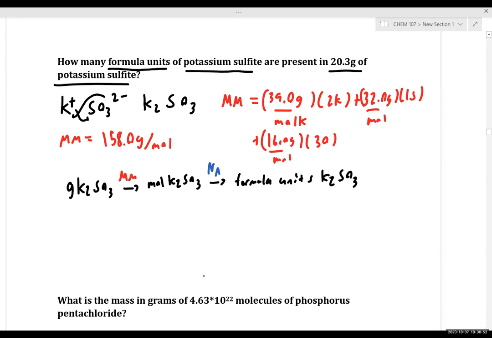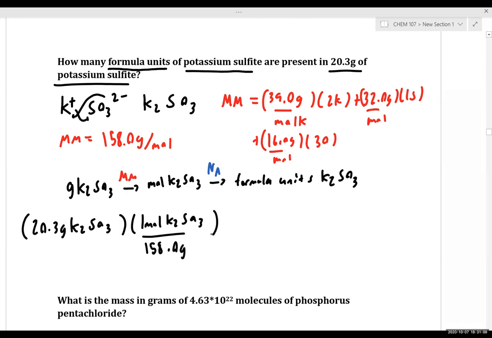So, starting off with 20.3 grams of potassium sulfite, we know that in 1 mole of potassium sulfite, we have 158.0 grams. We just calculated that.